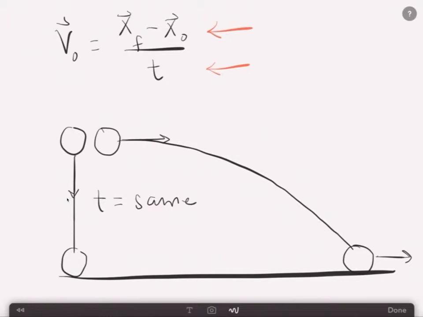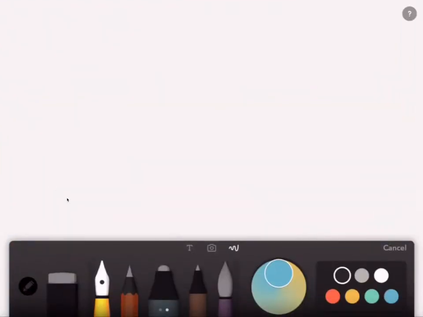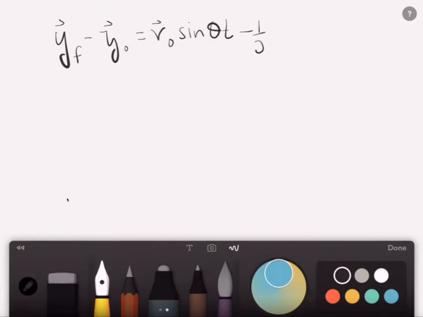If that is the case, we can just use our y equation to generate the time of flight. So here we go. Remember, yf minus y initial equals the initial velocity times sine of the angle theta times t minus 1/2 gt squared. Now, the angle happens to be 0 degrees.